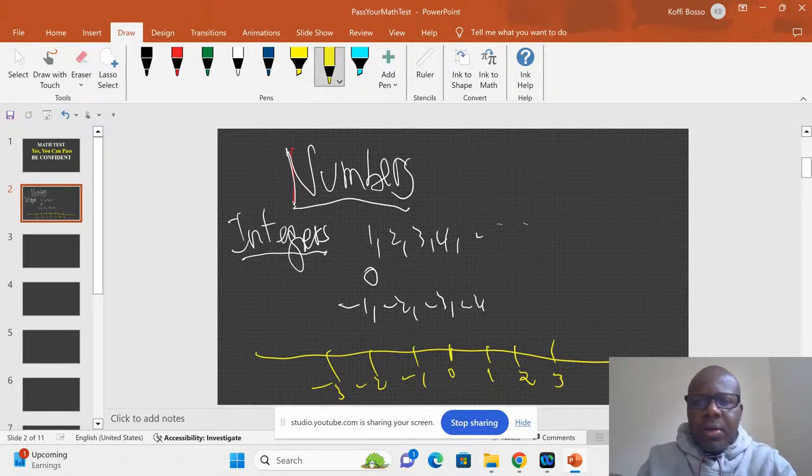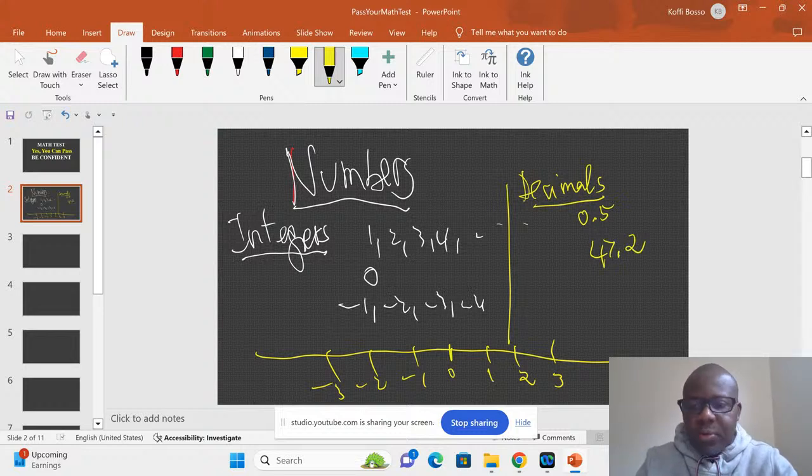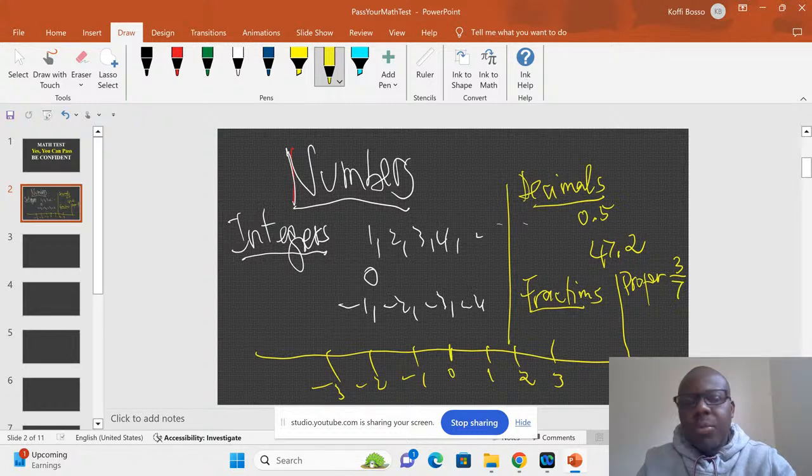We also have decimal numbers. I could pick 0.5 or 47.2. We also have fractions. Fractions can be proper, for example 3 over 7, where the numerator is smaller than the denominator.